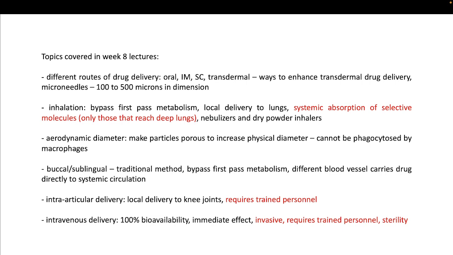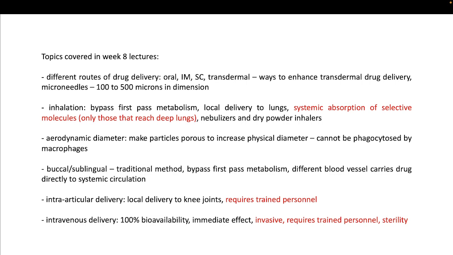We saw the transdermal drug delivery route in much detail, where we have seen that there are certain barriers for the drug to be delivered when we are giving it through the skin. And then we have also seen the ways to enhance this transdermal drug delivery using certain chemical methods, physical methods, or using electrical current.